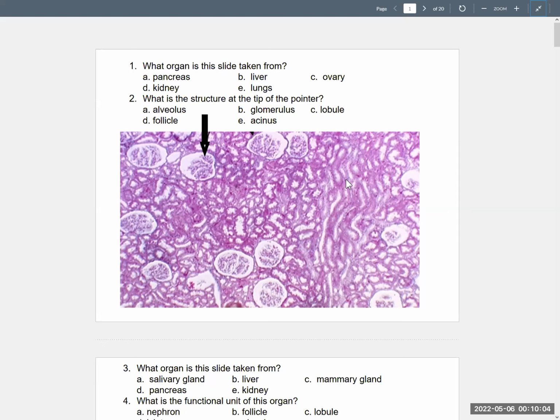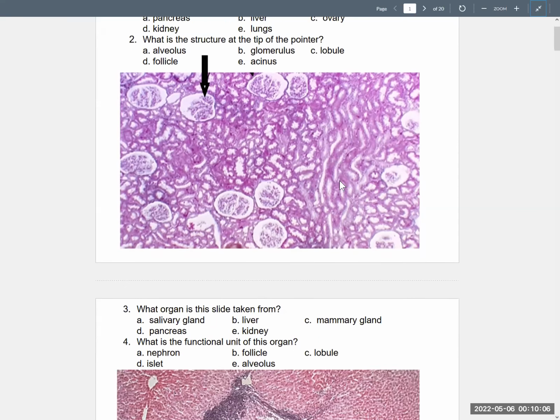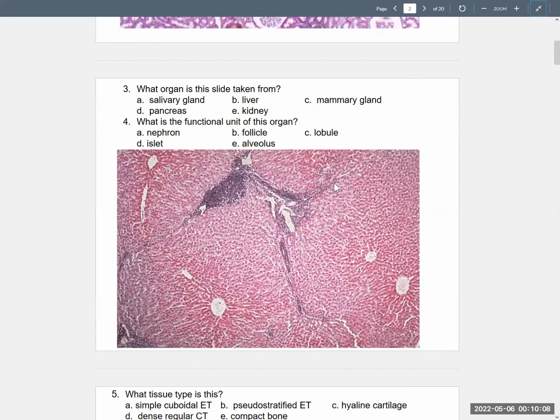Okay, that was good. Okay, you saw this slide today. What organ was this picture taken from? Now read the answers. Go all the way to the end because it may be there.